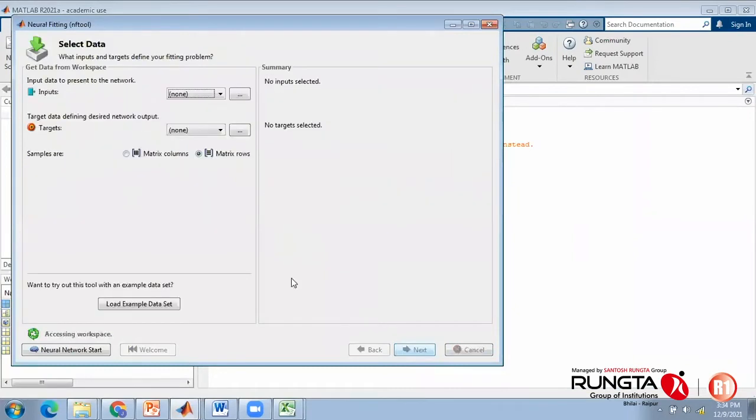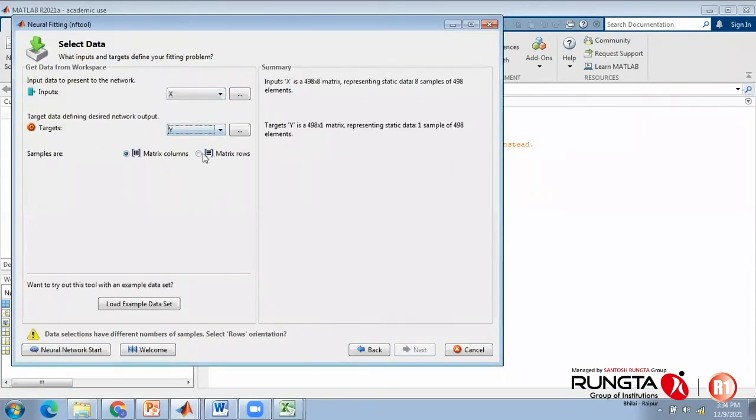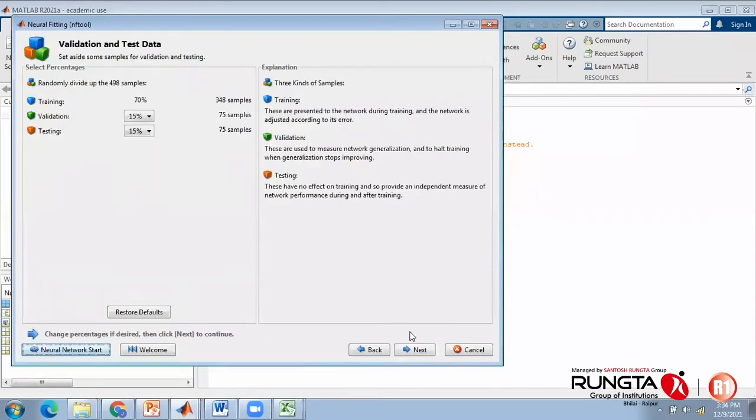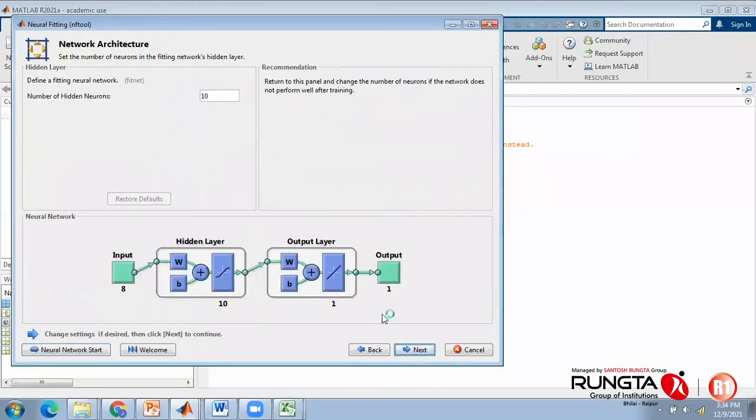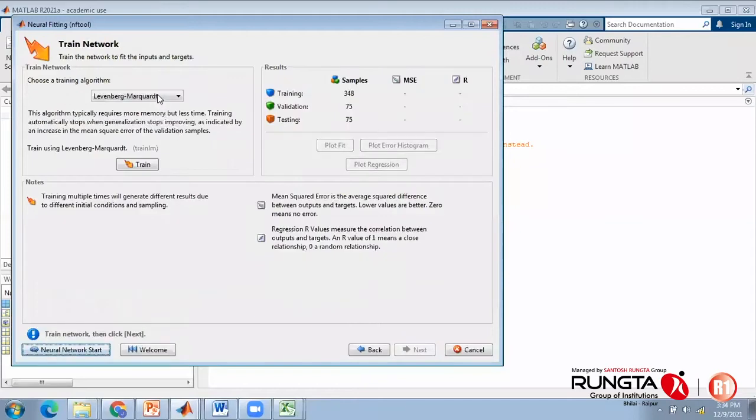So what I can do now is change the algorithm and check with the same topology. Instead of Levenberg-Marquardt, let me go with scaled conjugate gradient.